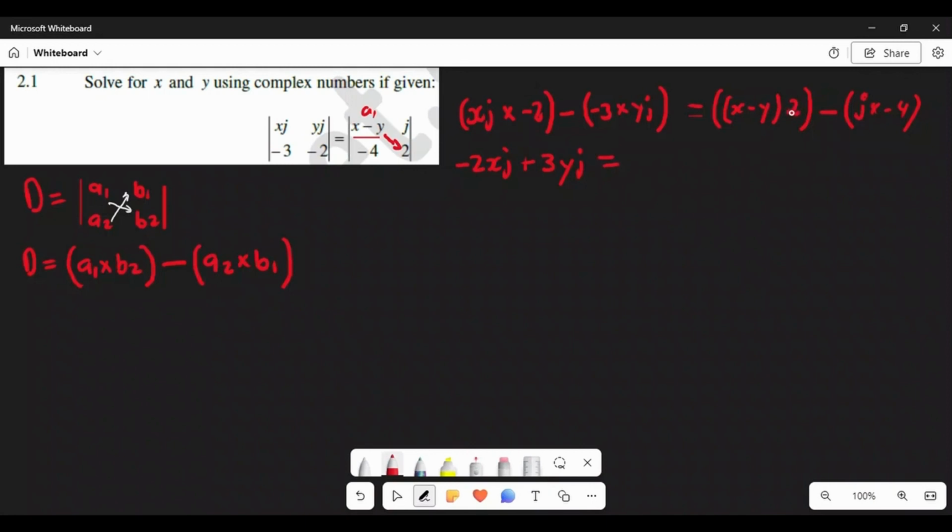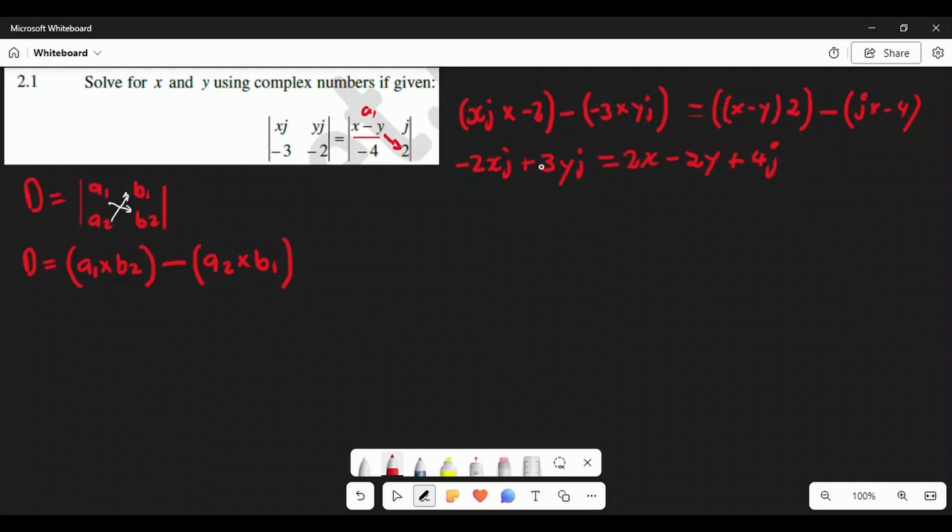We have to just multiply by 2 throughout. So we're going to have 2x minus 2y. Then this one, negative and negative gives us positive. So j multiplied by 4 is going to be 4j.